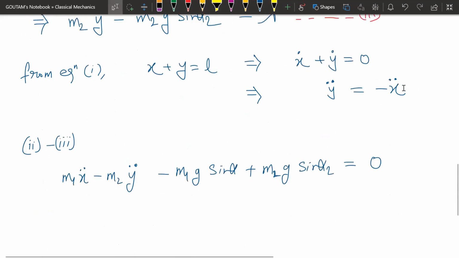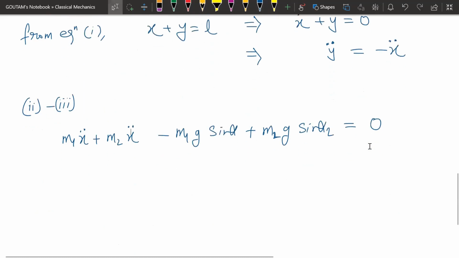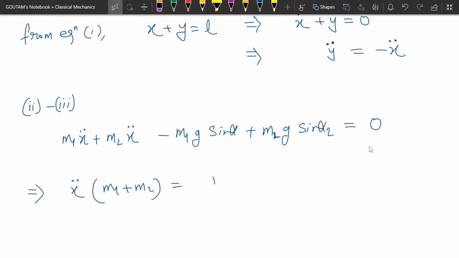Y double dot equals minus x double dot, so we put it here. In that case, it will be plus m2 x double dot, and we will have x double dot times (m1 plus m2) equals m1 g sine alpha 1 minus m2 g sine alpha 2.